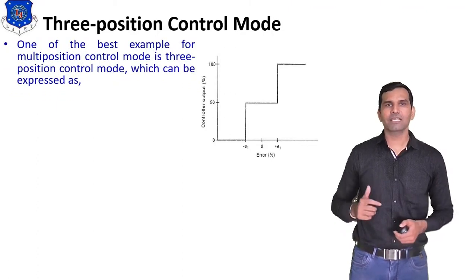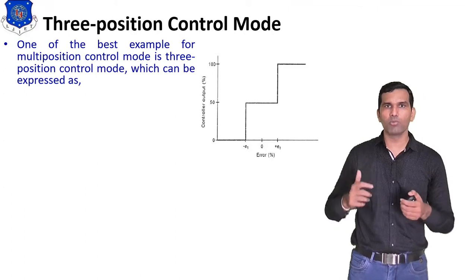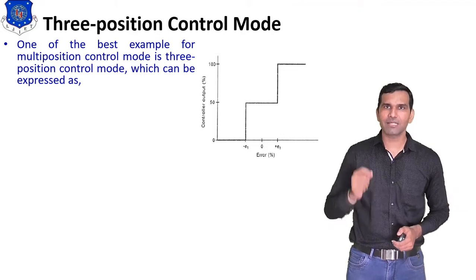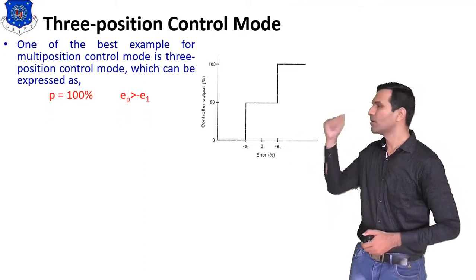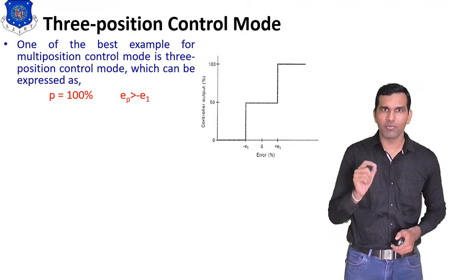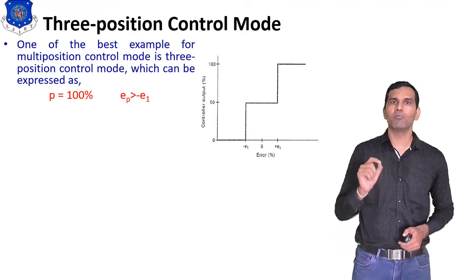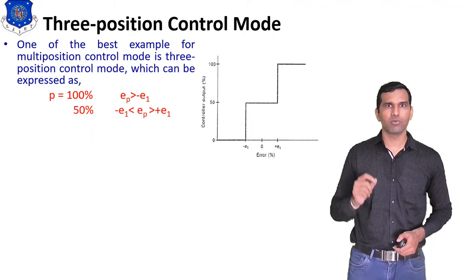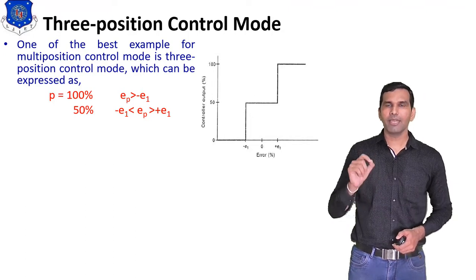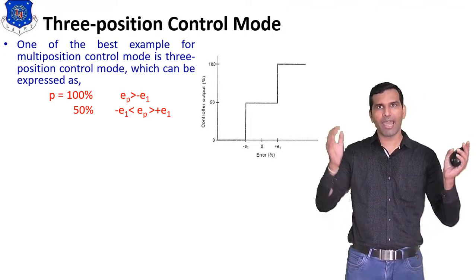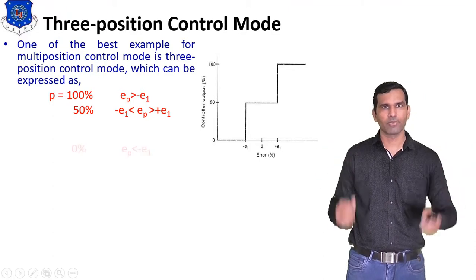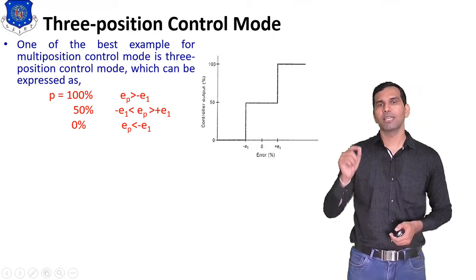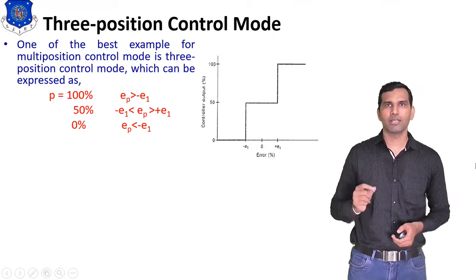One of the best examples of the multi-position control mode is the 3-position control mode, which can be expressed as: P equals 100% when Ep is greater than minus E1; P equals 50% when Ep is between minus E1 and plus E1; and P equals 0% when Ep is less than minus E1.